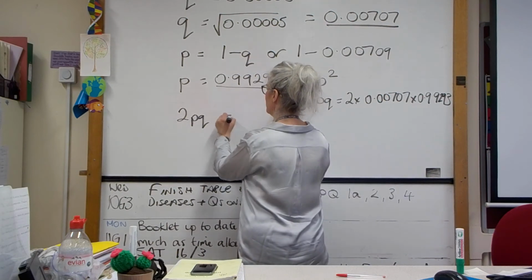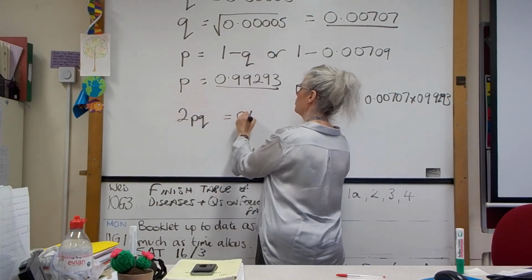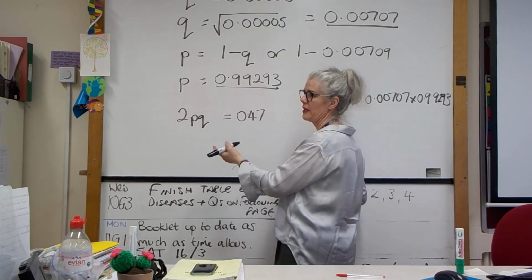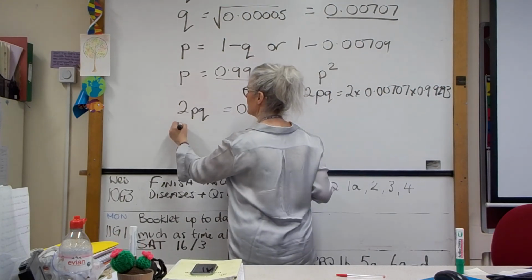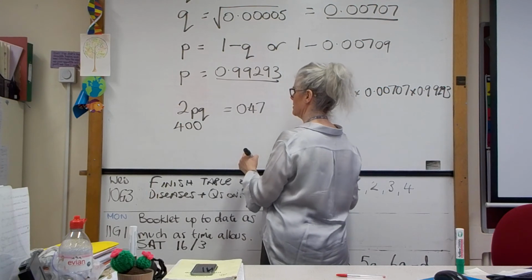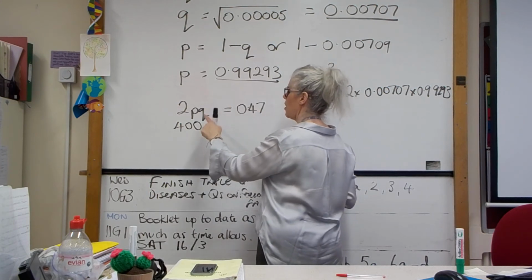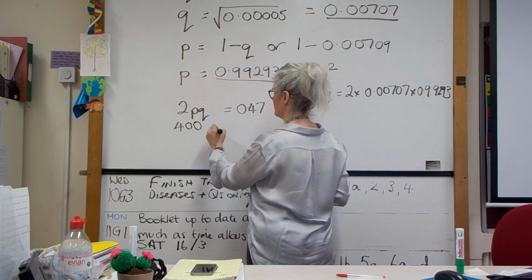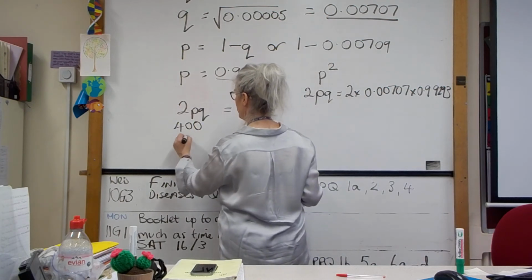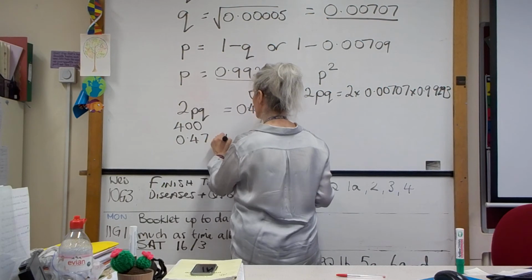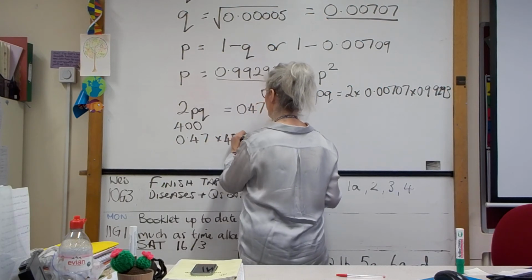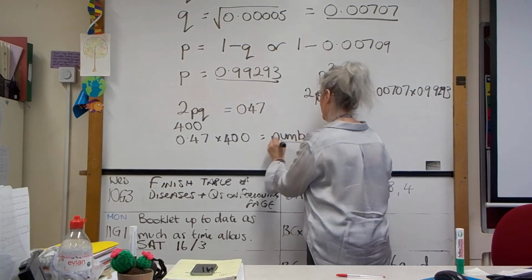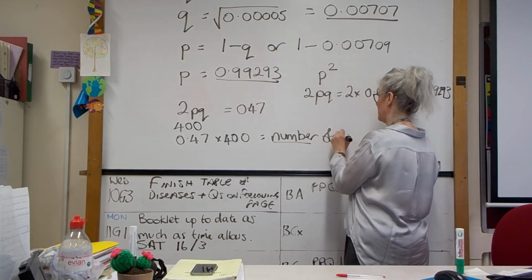Let's imagine that the frequency worked out at 0.47. In the book, it talks about 400 plants. So if you wanted to know the number of individuals with that genotype in that population, it would be 0.47 times 400.